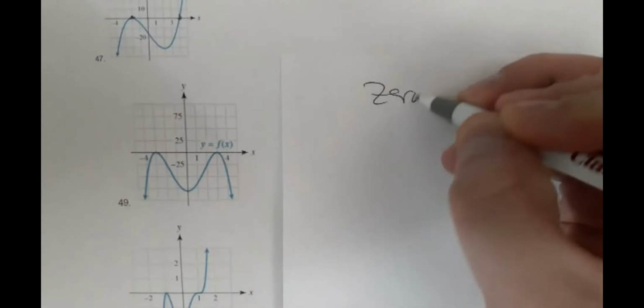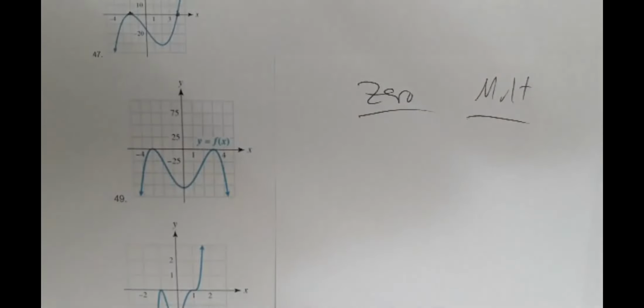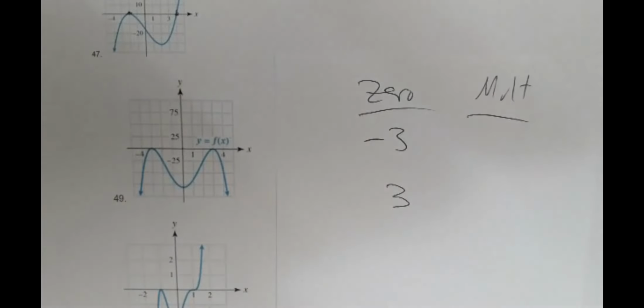Okay, 49. What are we doing with 49? What are my zeros? What are my multiplicities? Looks like we're going by 1, 2, -3 looks like one of my zeros, and then +3 looks like my other 0.